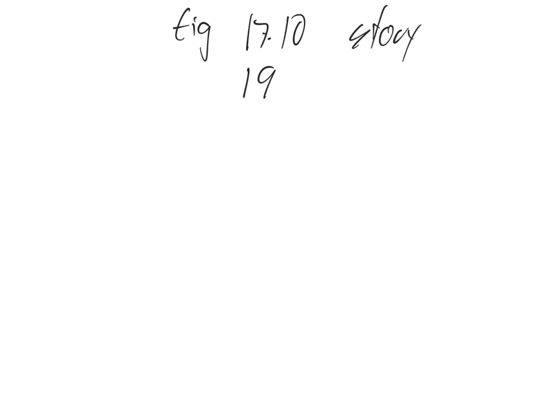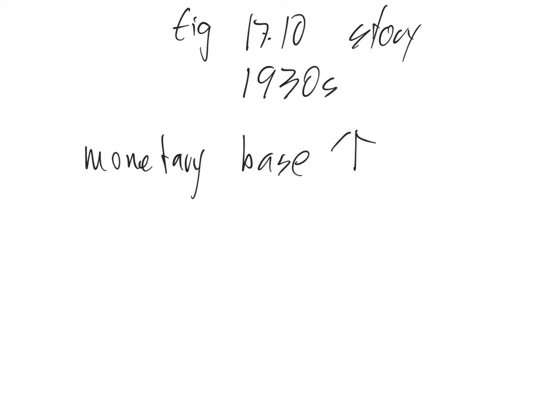I will finish with a little historical example from the textbook, figure 17.10. The textbook gives the story of the 1930s. It's a paradox that the central bank kept increasing the monetary base. The monetary base went up.